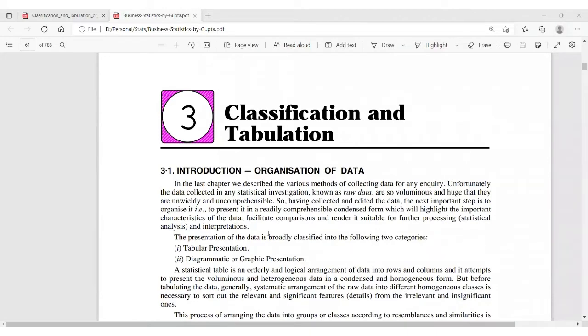Now, classification and tabulation, right? Now, in the last chapter, we described the various methods of collecting data for an inquiry.